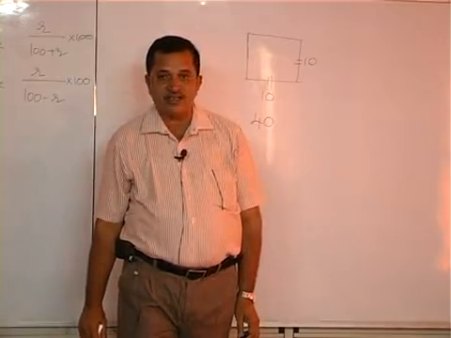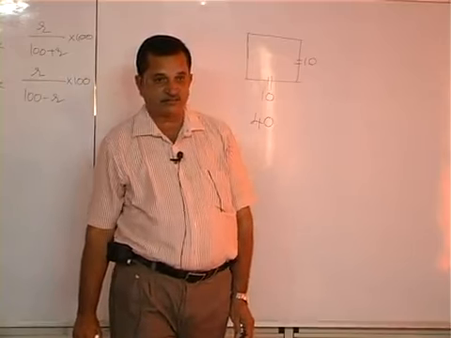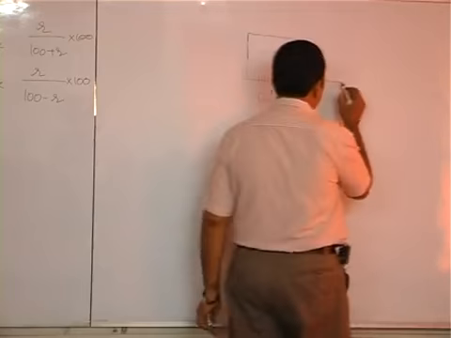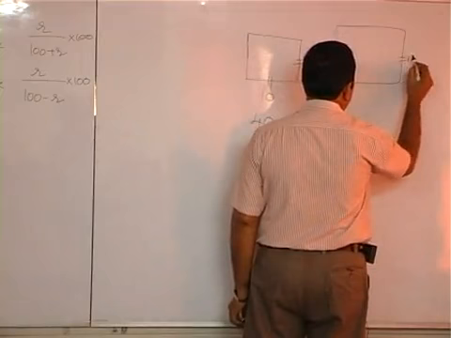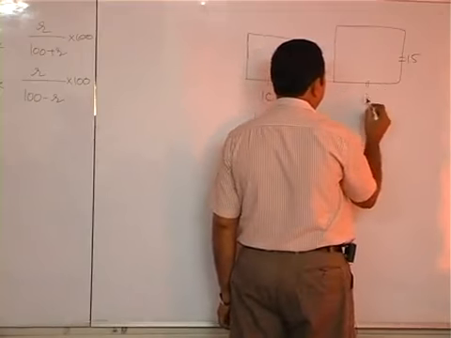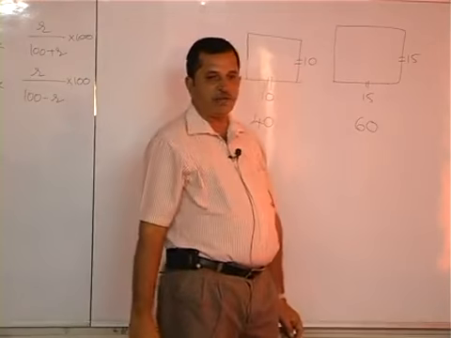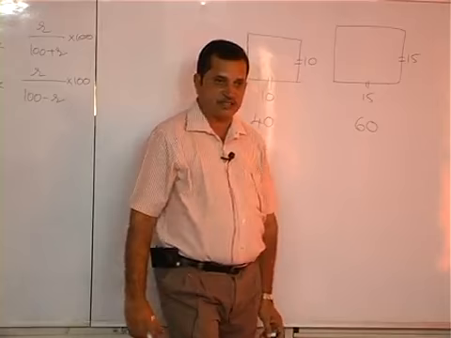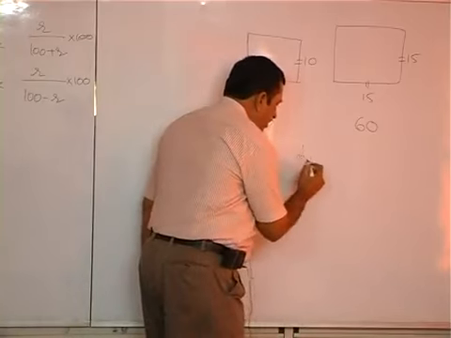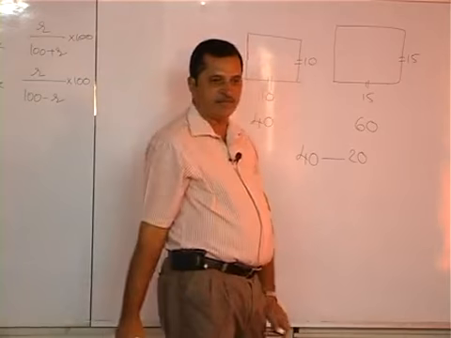Each side is increased by 50%. Each side has become how much? 15. So this is 15, this is 15, what is the perimeter of this? 60. The perimeter 40 has become 60. Implies for 40 there is an increase of 20.